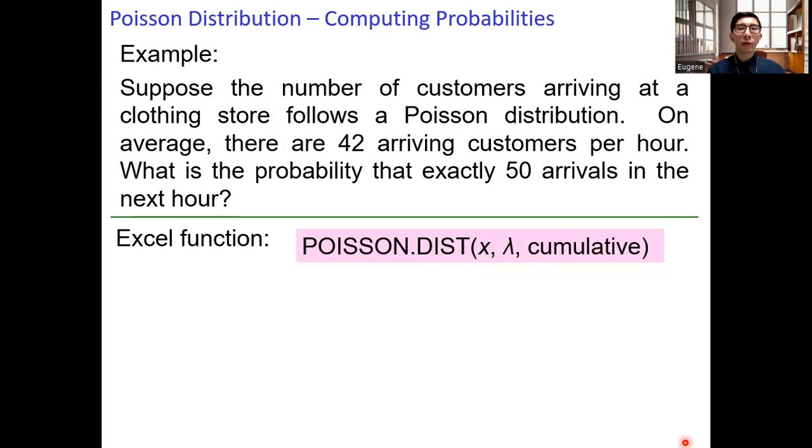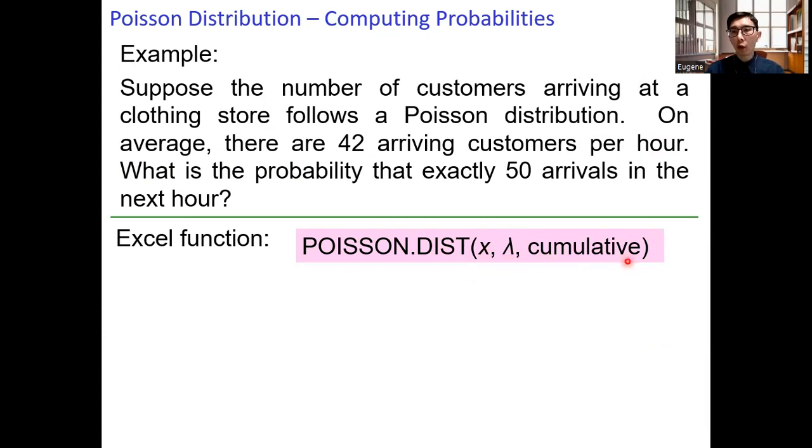The Excel function for computing Poisson probability is POISSON.DIST. It takes 3 parameters. X is the number of events occurring. The second parameter, lambda, is the mean.